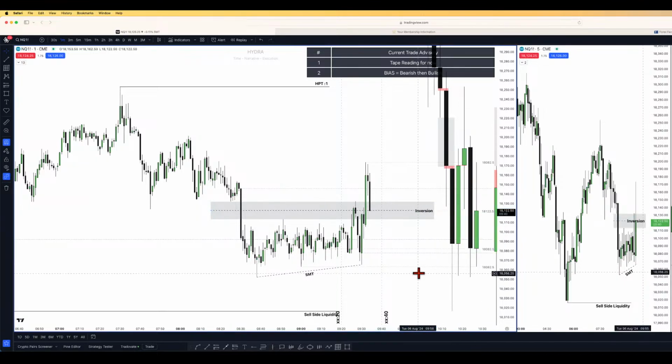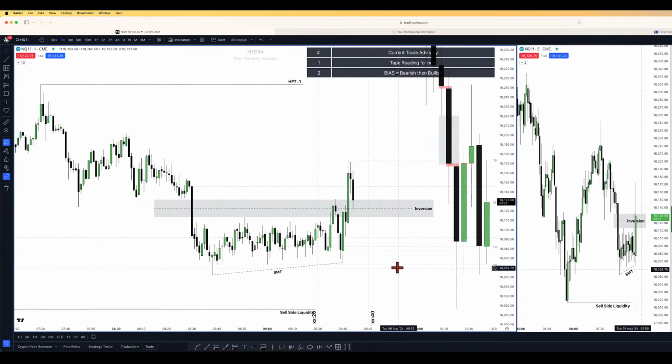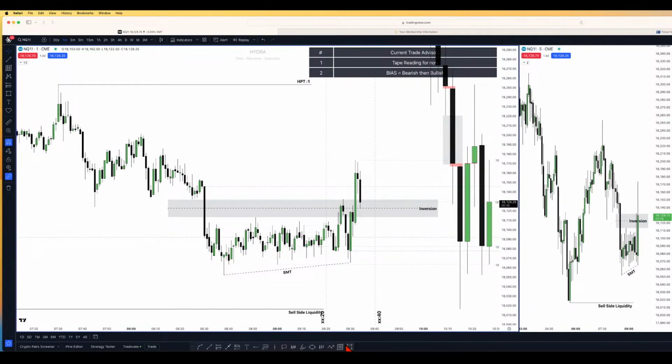That's an inversion. Expecting price to respect it. Respect this breaker. But let's see, because that's too aggressive of a rejection.